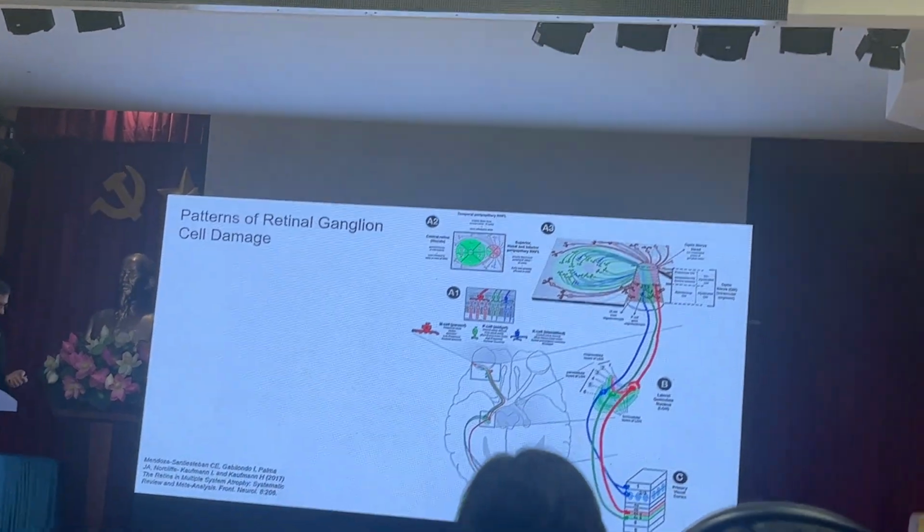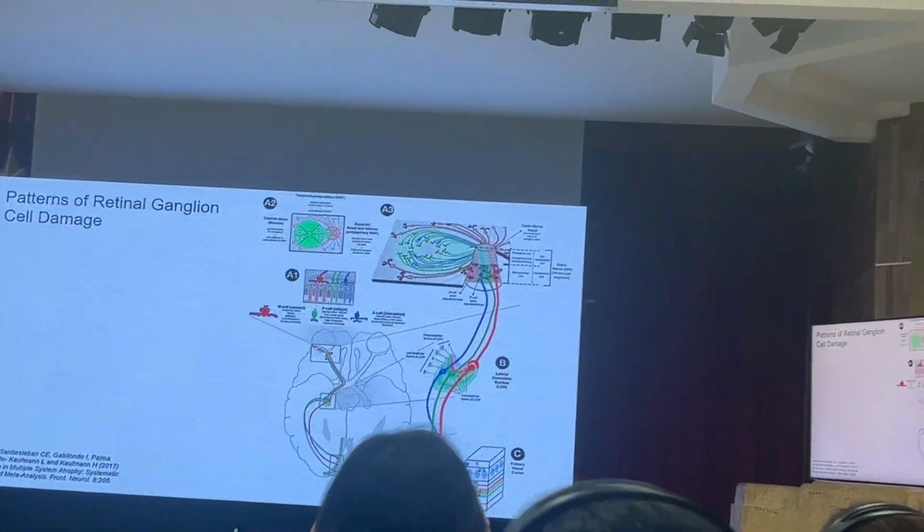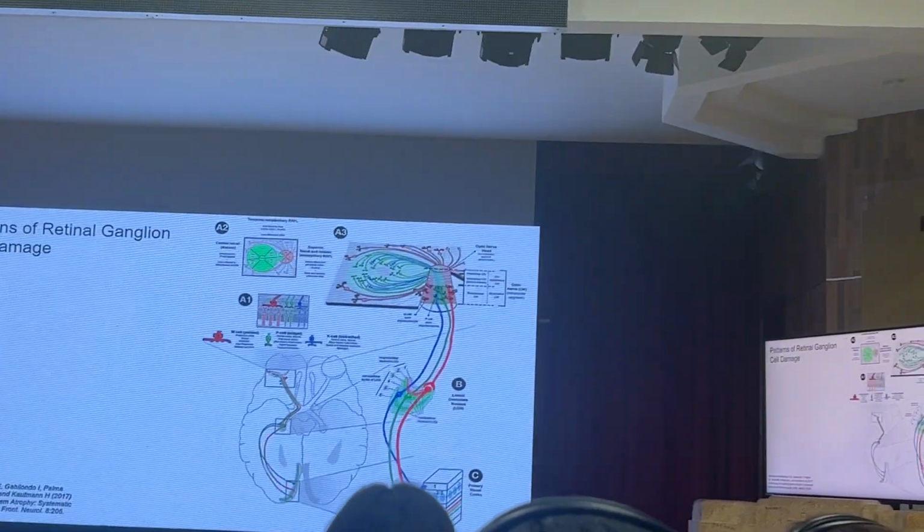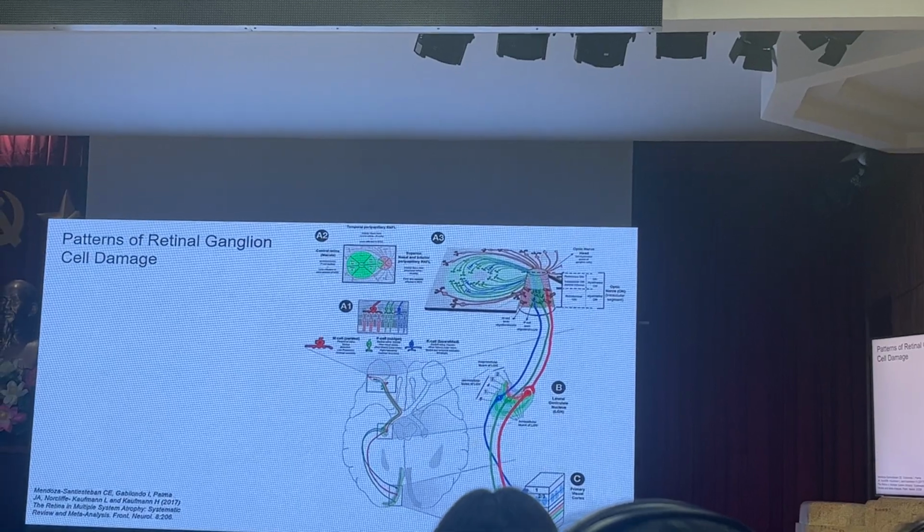When we are dealing with the neuronal diseases, the ganglion cell layers, as I've shown you, are a rather important feature to look at with OCT.